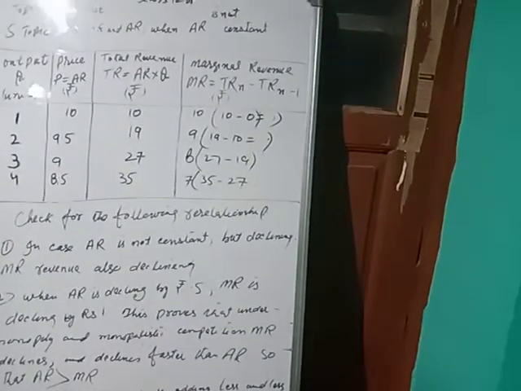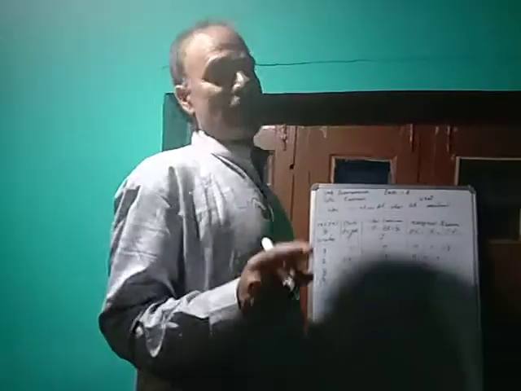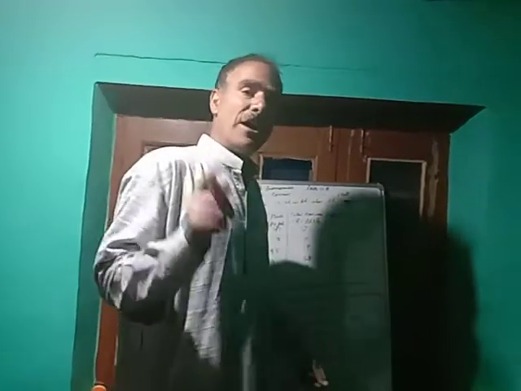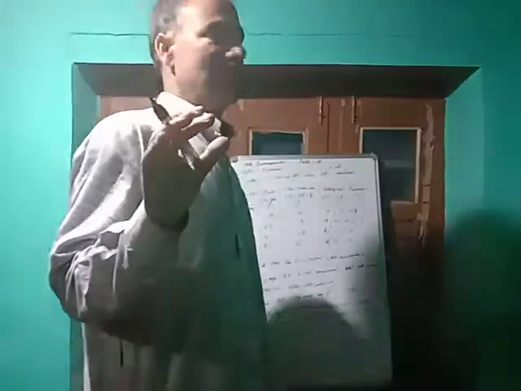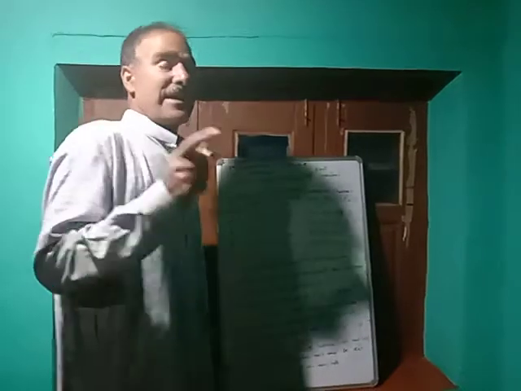So, my dear students, now it is clear to you that we have already done what is revenue in full form. Now, today's topic was TR, MR, AR relationship when AR is constant.